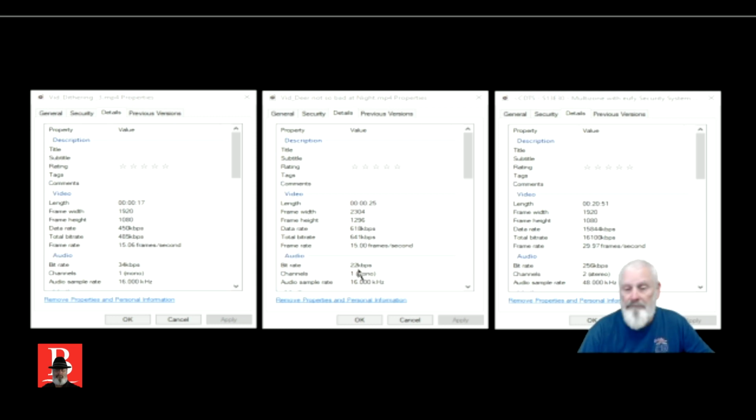So that's roughly a tenth of the bit rate, so it's not going to be very clear. We have two channels, one channel, and 16K. So we can see that the audio quality is going to be much lower with these cameras in this production, and it's actually much lower on the data rate.